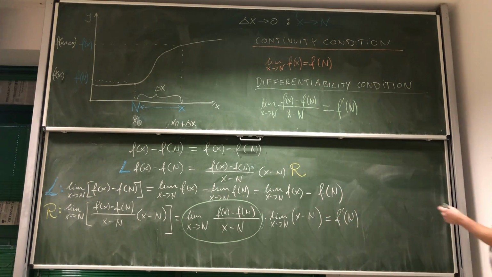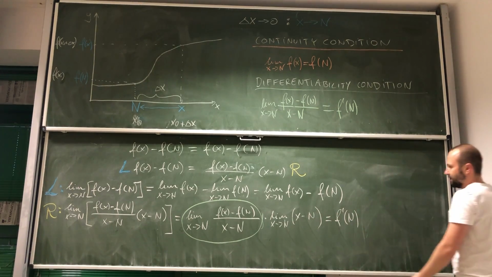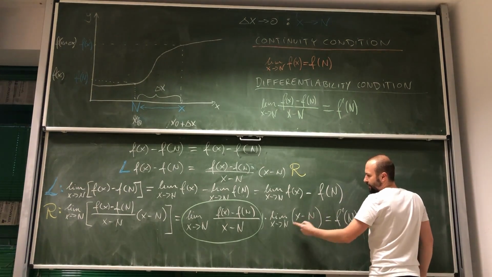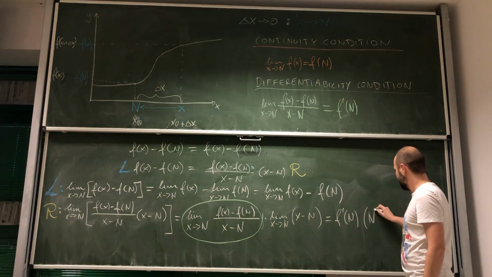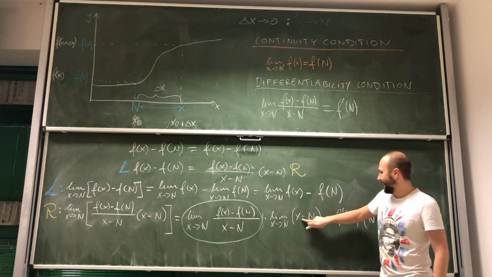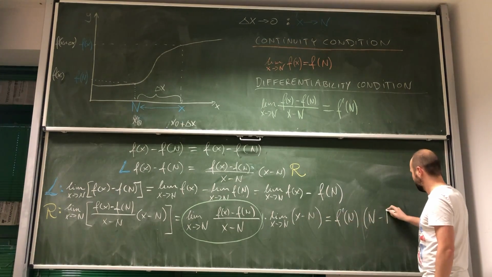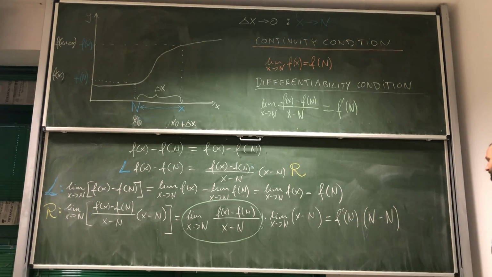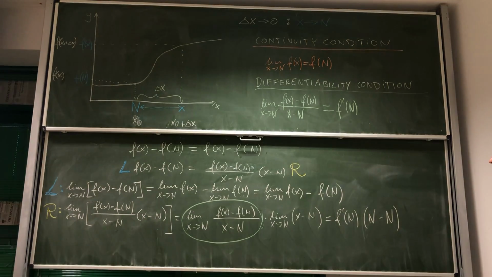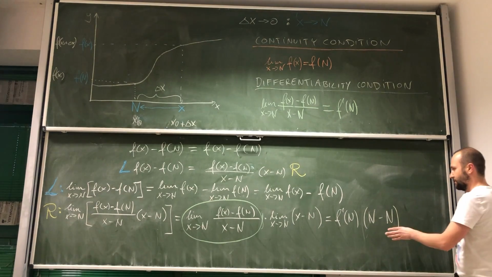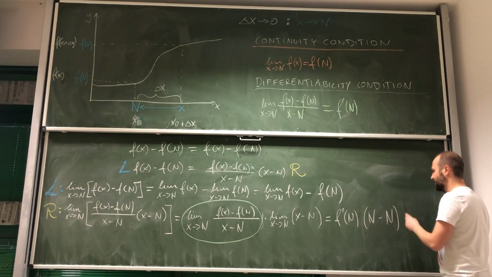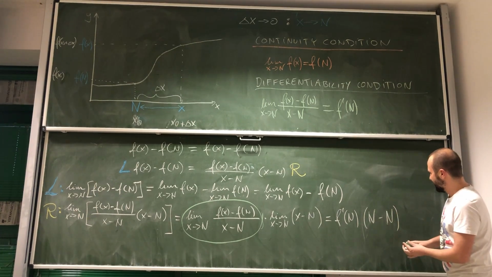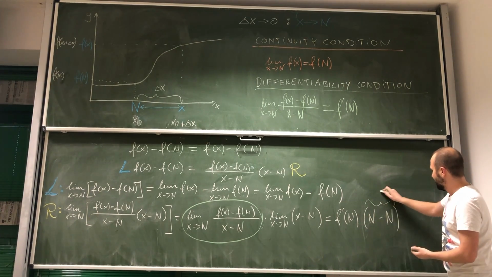Now, look, as x is approaching n, then we get over here n can replace x. And what do we get? Here we get the derivative, but then we get just 0, right? This whole thing is equal to 0.